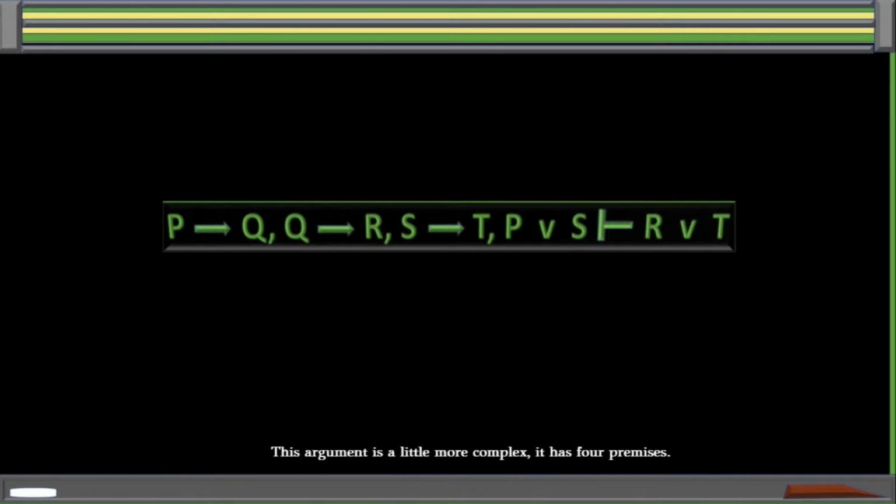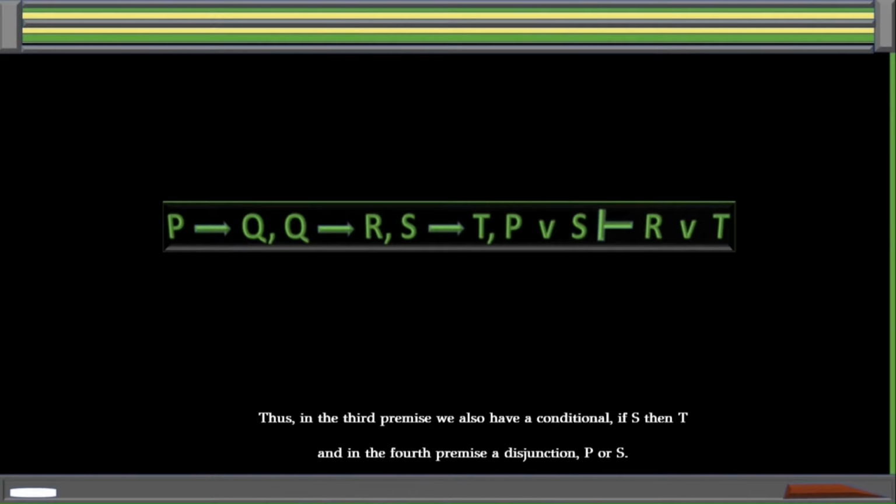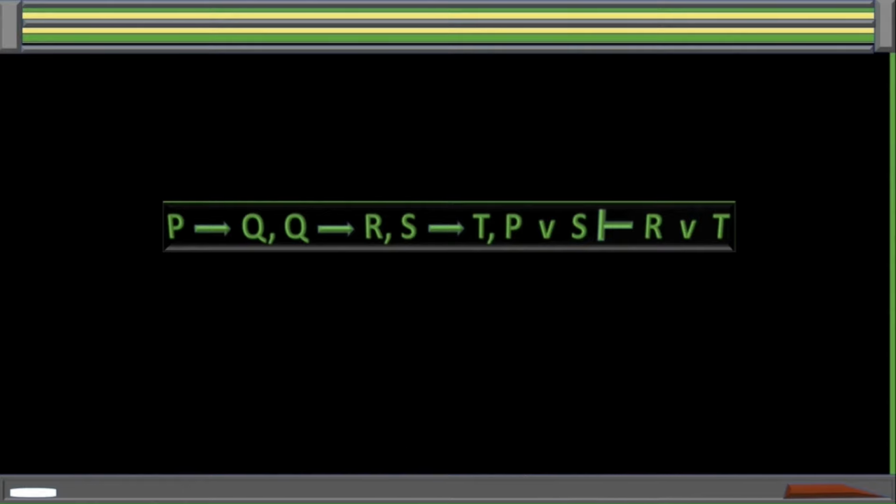It has 4 premises. Thus, in the third premise, we also have a conditional, if S then T. And in the fourth premise, a disjunction, P or S. At the conclusion, we have a disjunction, R or T.